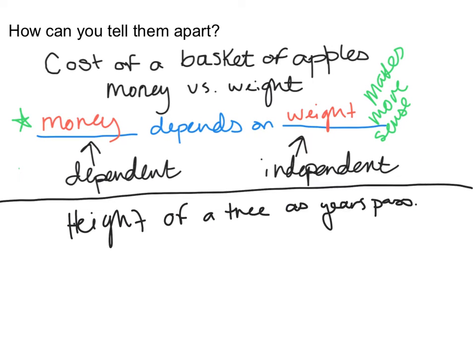Let's look at another example. This time, let's think about the height of a tree as years pass. I want you to pause, and I want you to try and decide which one is the independent variable and what is the dependent variable.